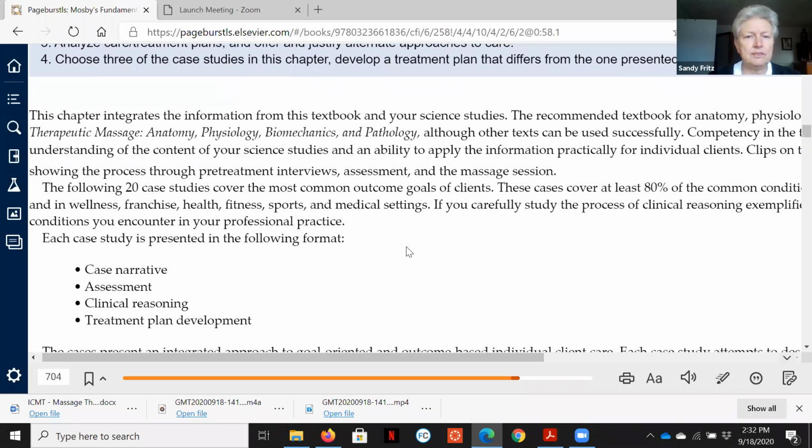Now, each of these case studies is centered around a person that represents a very typical client. And so each of these has 1, 2, or 3 complicating factors in it. So, you know, there just is no recipe for massage therapy.